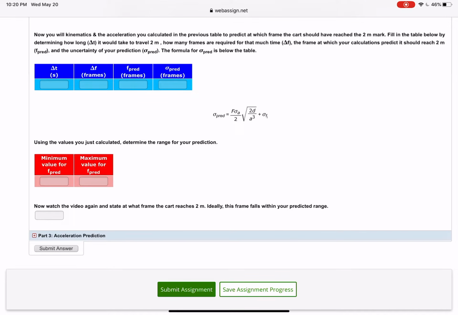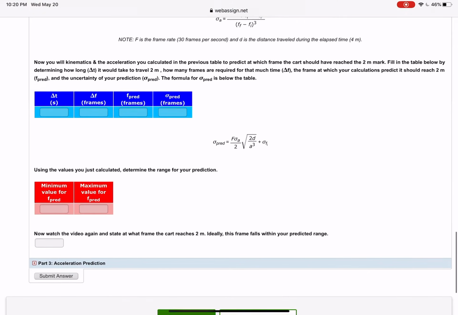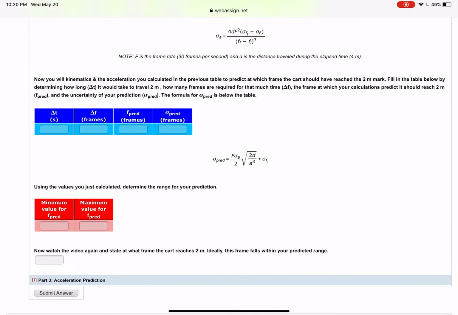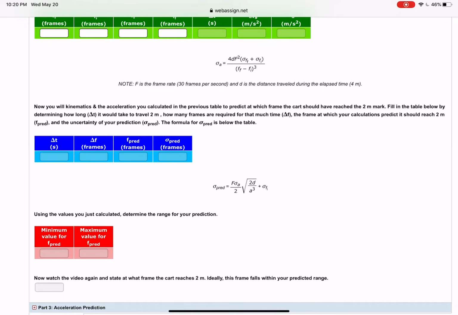Okay. But we want to be able to use kinematics to predict what frame he would get to the 2 meter mark. And so what you have to do is use the acceleration you calculated already and use the kinematic formulas to calculate how long it would take him to go 2 meters. Use that elapsed time, figure out how many frames that would be.